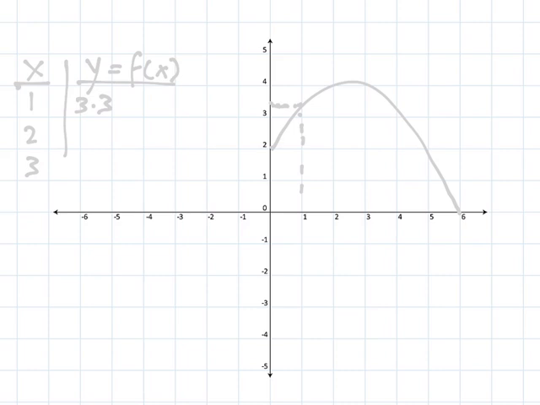And when x is 2, y is 4 as shown here. So when x is 2, y is 4. And when x is 3, y is also 4.